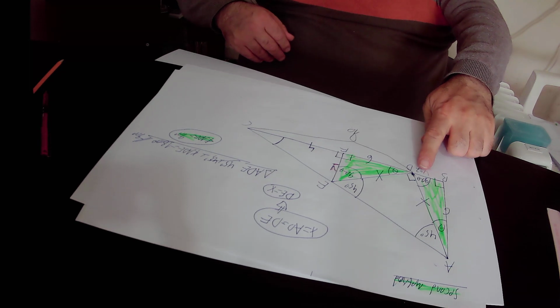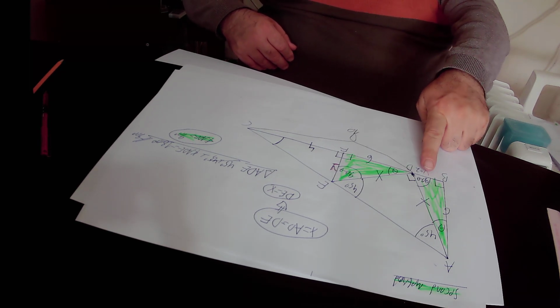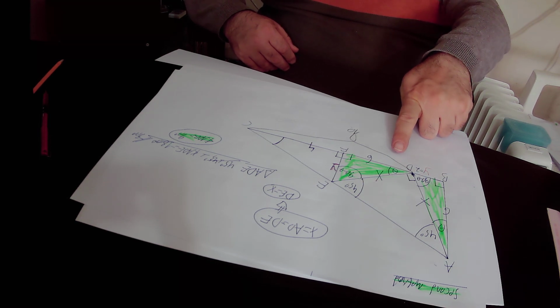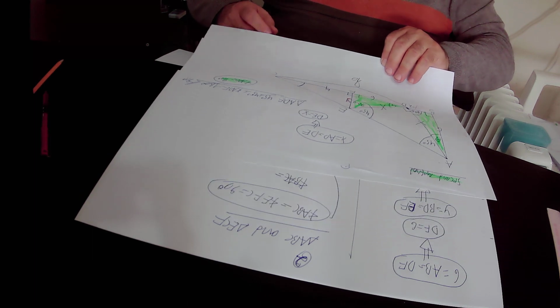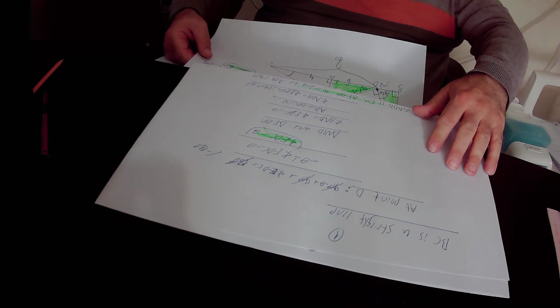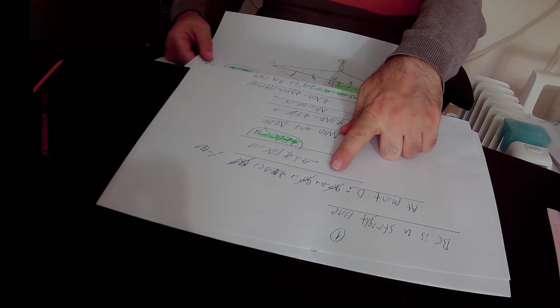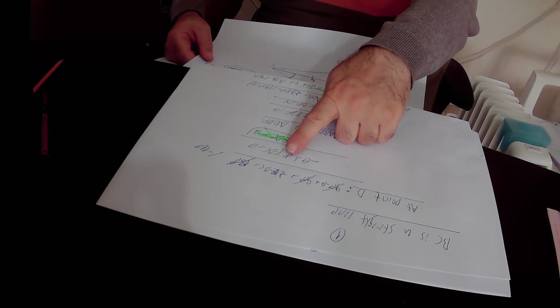So which angles do we have here at point D, on the upper side of BC? We have 90 degrees minus theta, we have 90 degrees, plus angle EDC. In total, they must be equal to 180 degrees. At point D, we have one angle that is equal to 90 degrees minus theta, the other angle that is equal to 90 degrees, and the third angle that is equal to angle EDC.